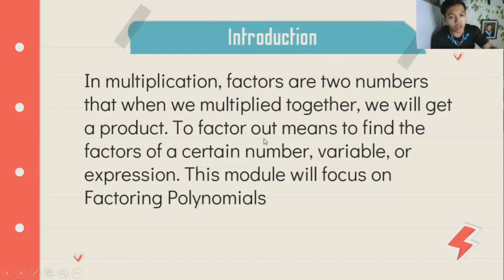To factor out means to find the factors of a certain number, variable, or expression. Ibig sabihin, hindi lang number ang may factors, meron ding variable o kaya expression, no? So this lesson will focus on factoring polynomials with common monomial factor.